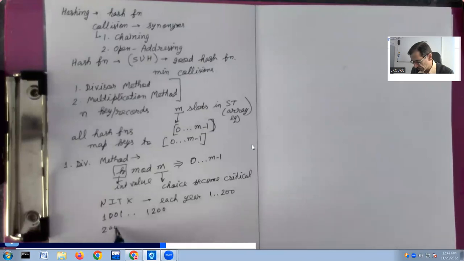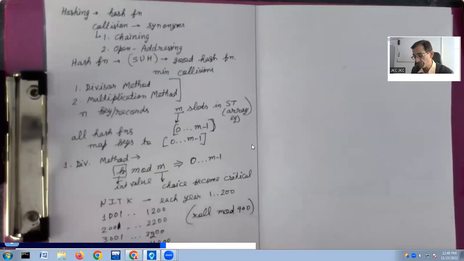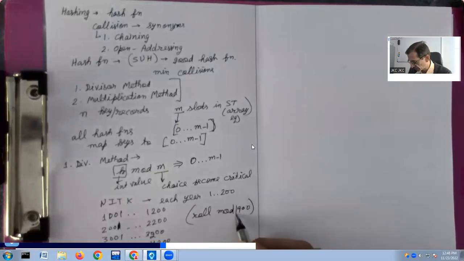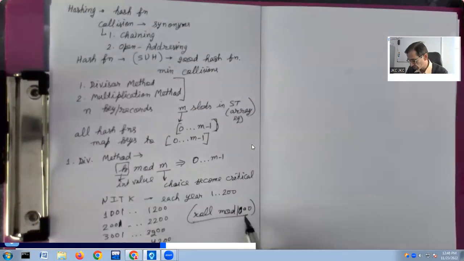Second year roll numbers start with 2001 to 2200. Similarly for third year and fourth year students. Knowing that I have effectively 800 students, maybe I would take mod 900 or 800, or for the safer side, let's say mod 1000. So effectively the m chosen is 1000.